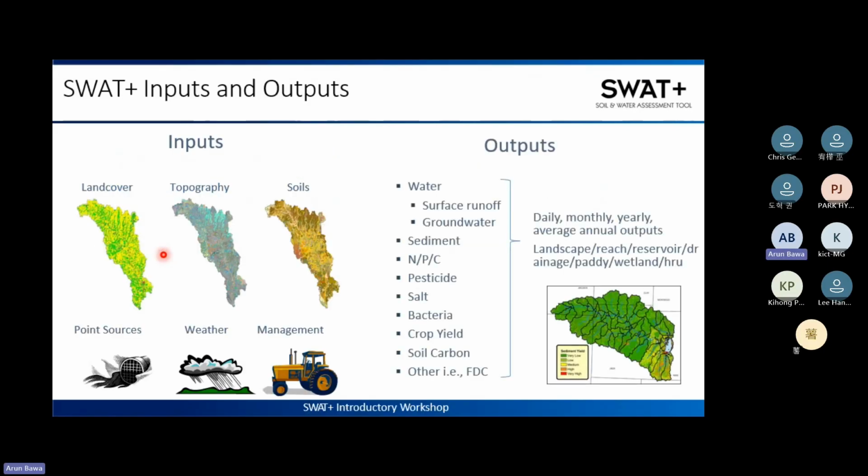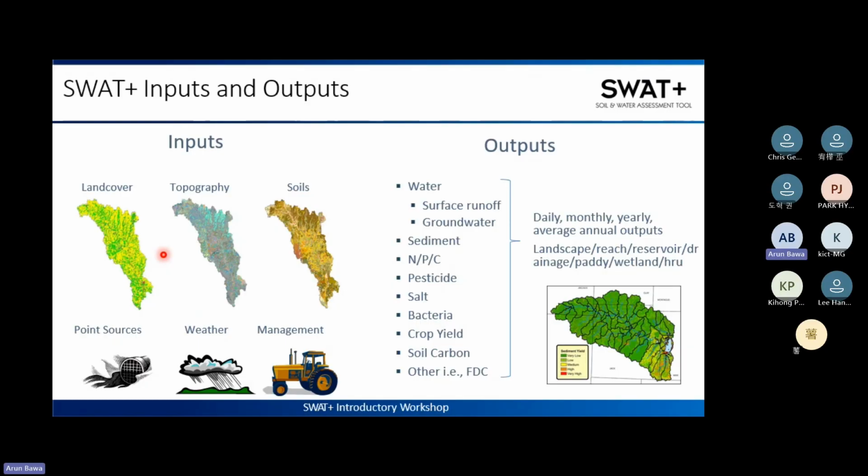Okay, so I will leave you today with my last slide. We have mainly four inputs. You provide land cover, topography, and soil information at a watershed scale. All these are static, so as you provide them, they stay stable in your model. Then you provide a dynamic variable, weather, and that controls the entire hydrology and outputs.